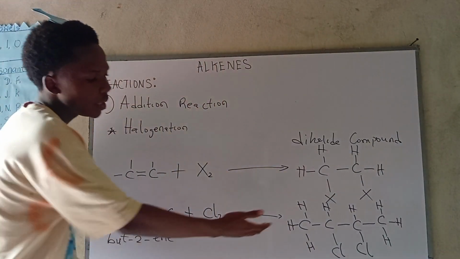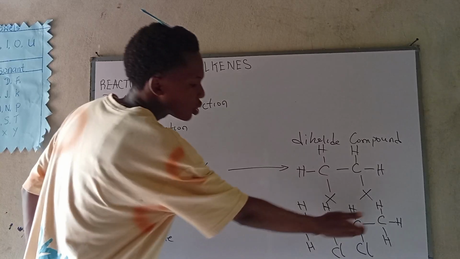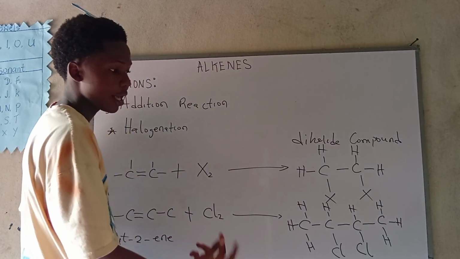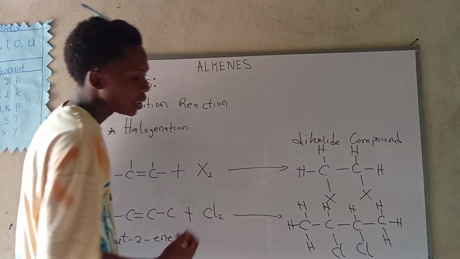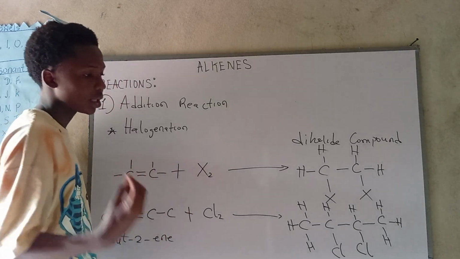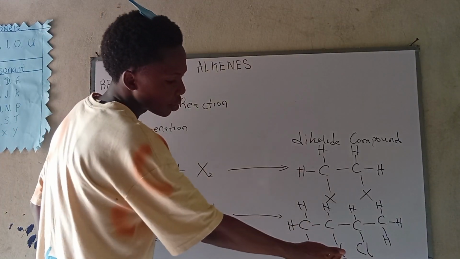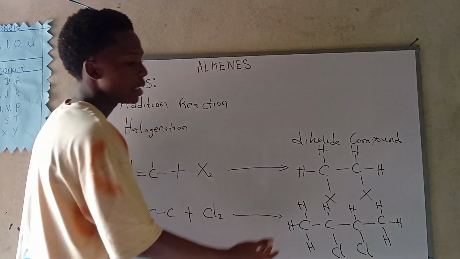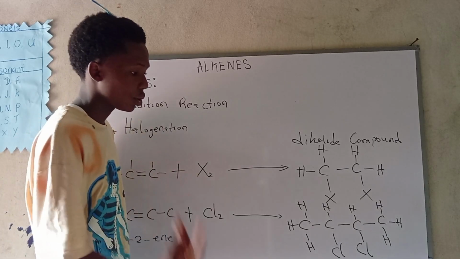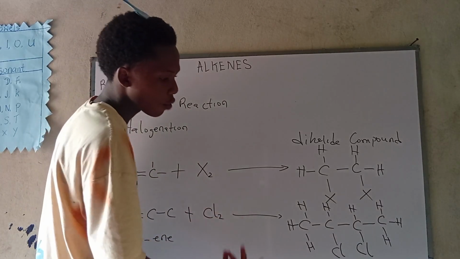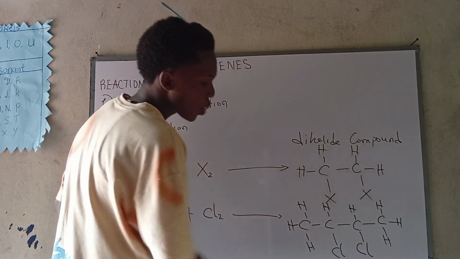So now, what do we name this compound? We have 4 carbons, so obviously it is butane. Then let's count the position of the substituent. The substituent is chlorine, and we have 2 substituents. The position of the chlorine will come from 1, 2, 3, so we have it to be 2, 3.